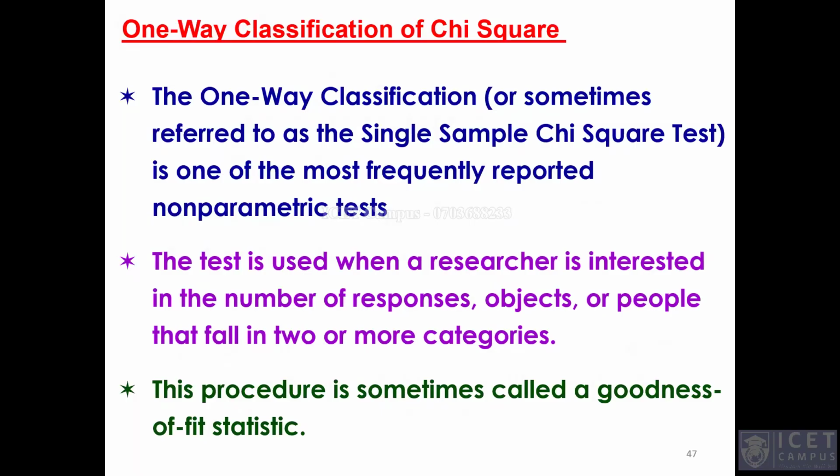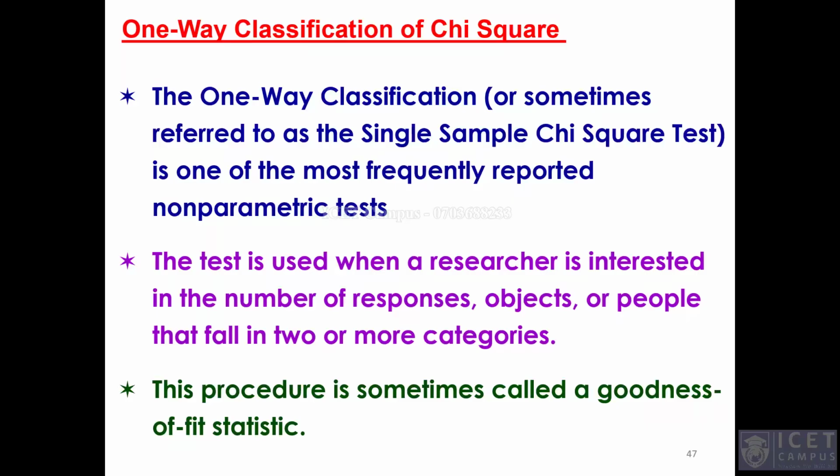The test is used when a researcher is interested in the number of responses, objects, or people that fall into more categories. The procedure is sometimes called the goodness of fit statistic.